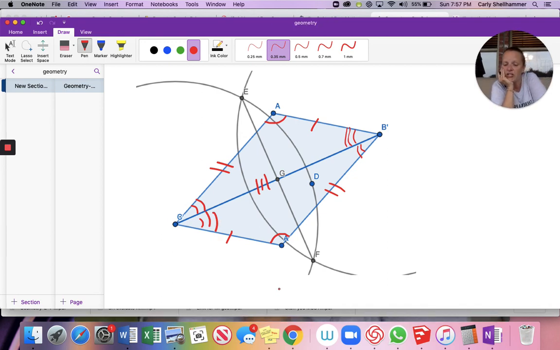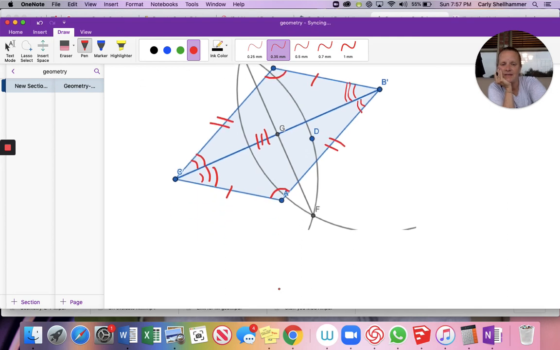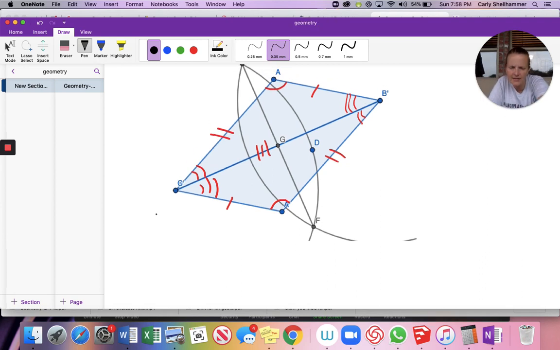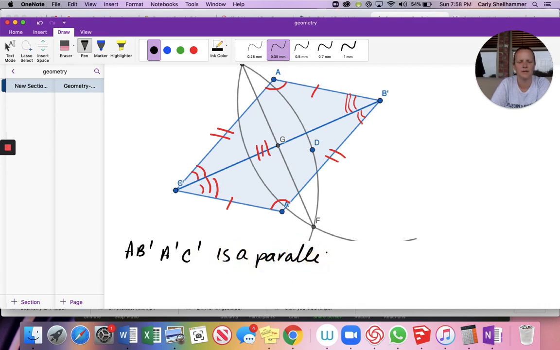Make a conjecture and justify it. My conjecture is that I just drew a parallelogram. I can say that AB prime, A prime C prime is a parallelogram.